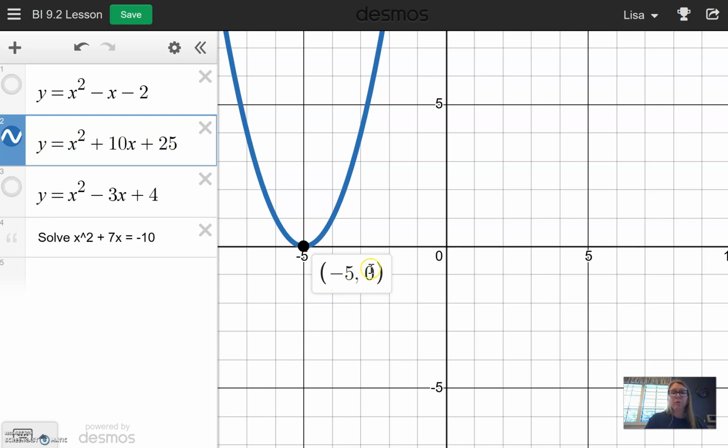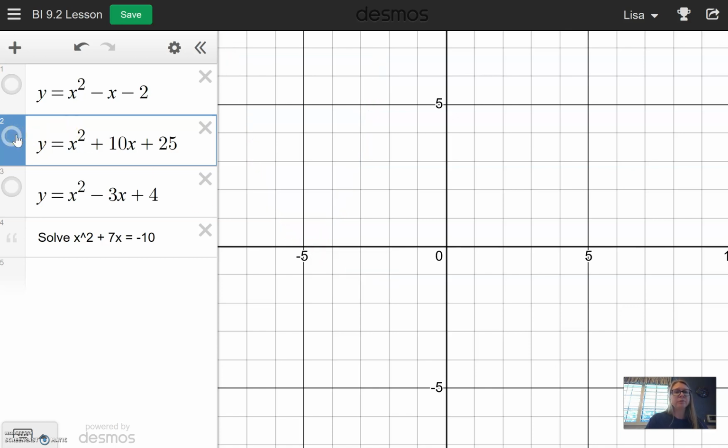The x value where y is equal to 0 is -5. And if I were to turn on an example with 0 solutions, here is one. There are no places where my graph touches the x-axis, so there are 0 solutions here.